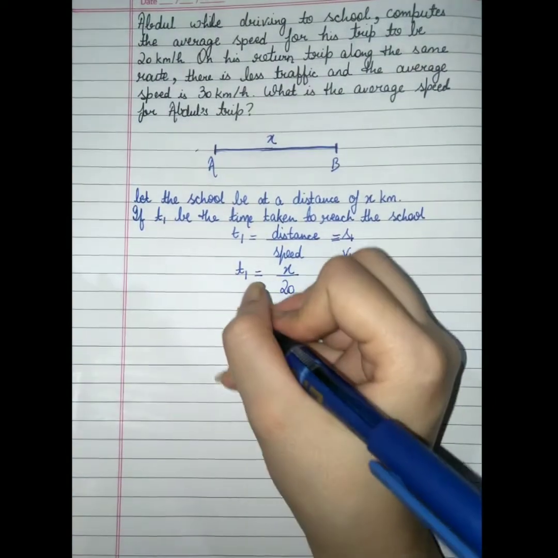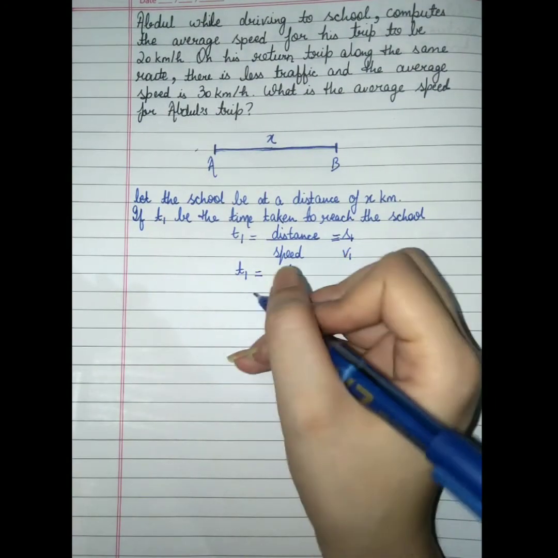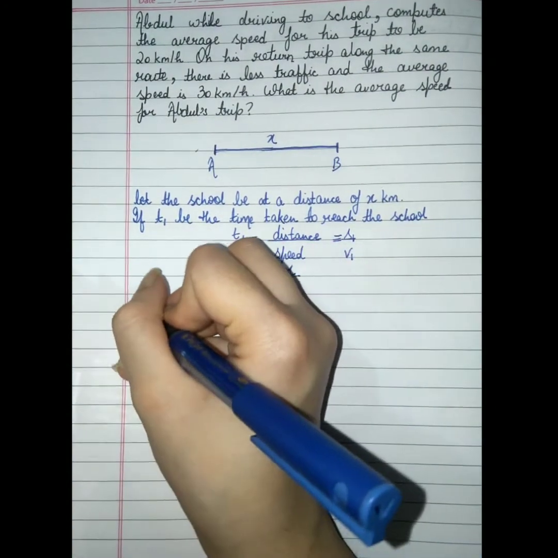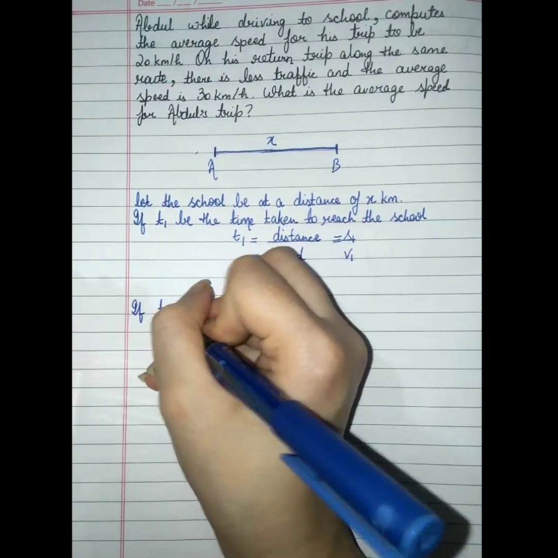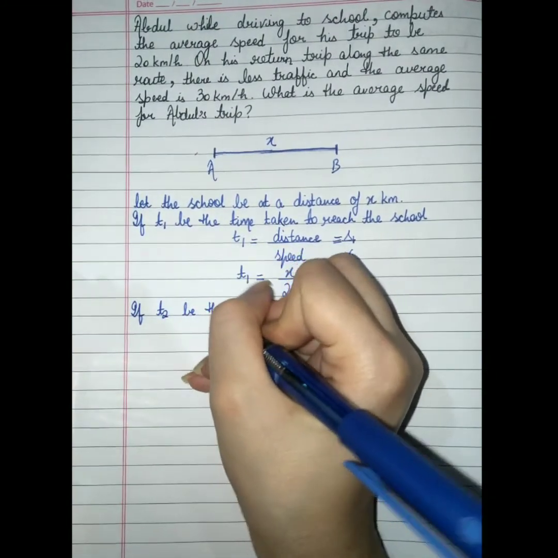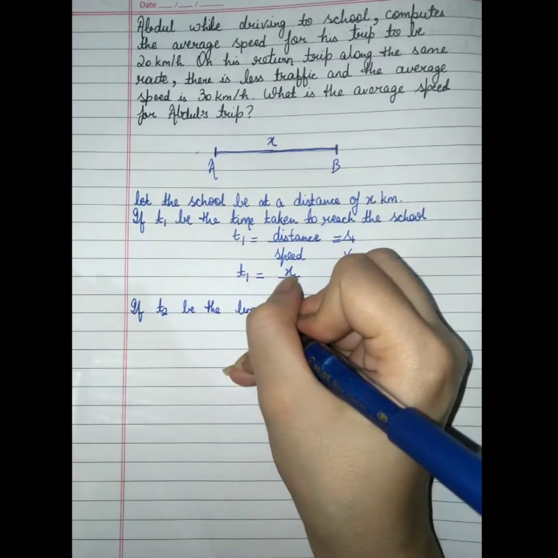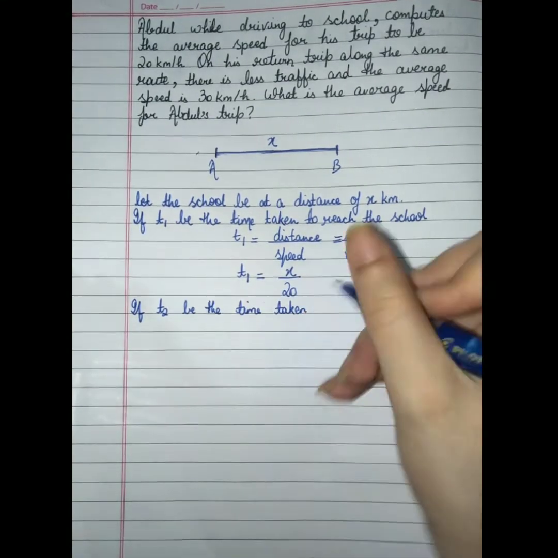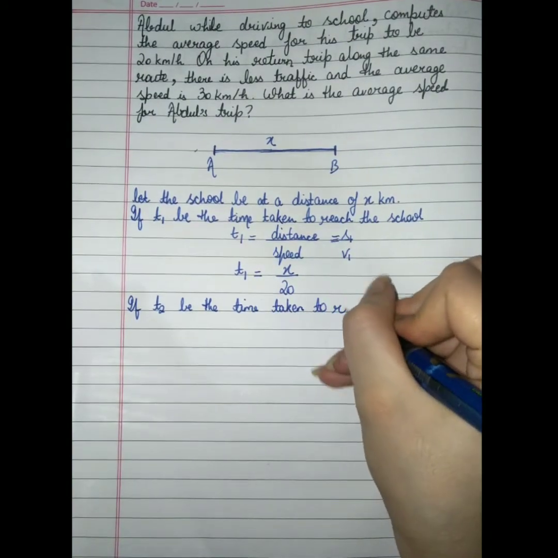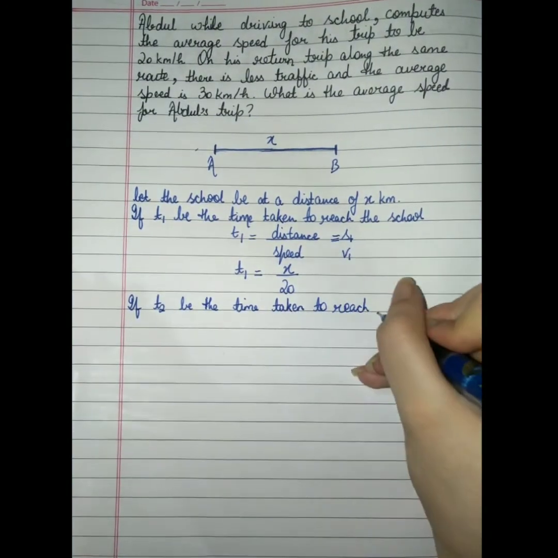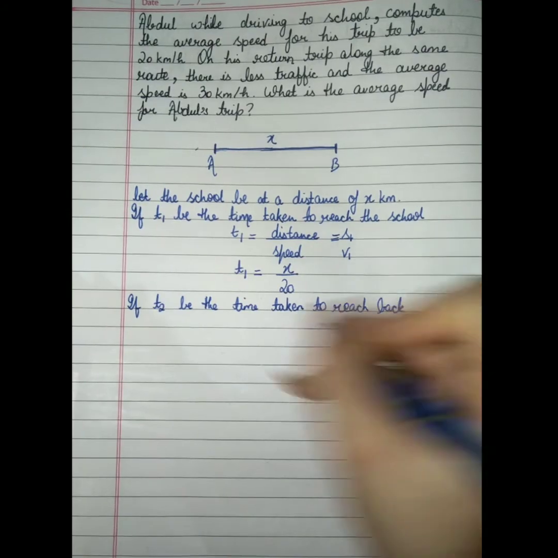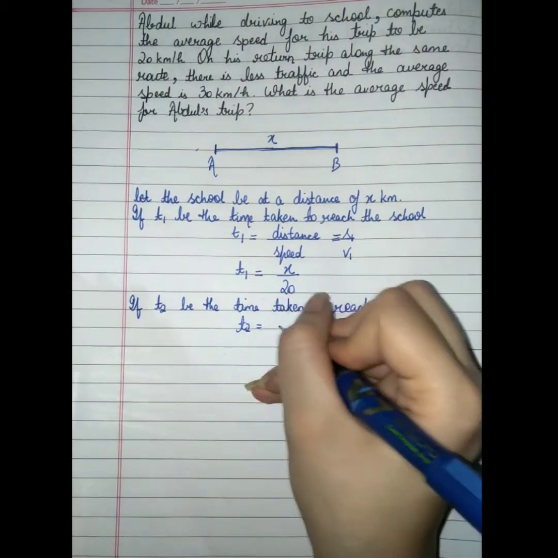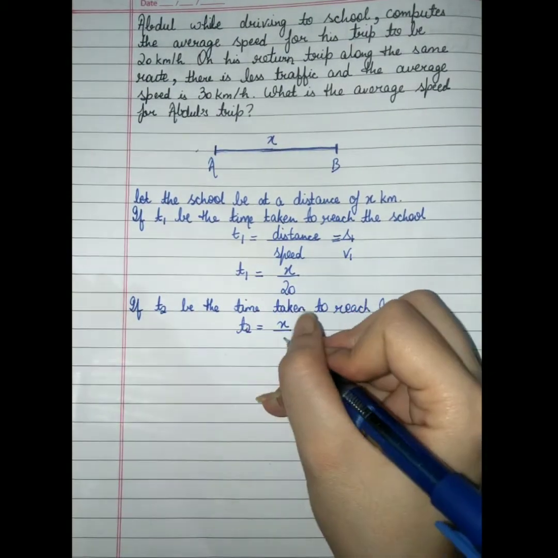Now for the second case, we'll take T2. If T2 is the time taken for what, students? Yes, if T2 is the time taken to reach back, then again we need to calculate T2. T2 is equal to X upon 30.